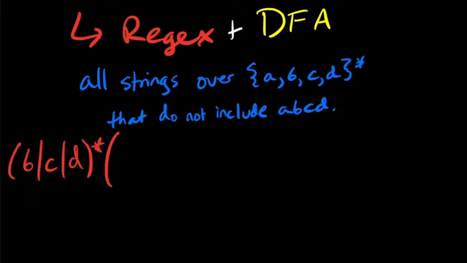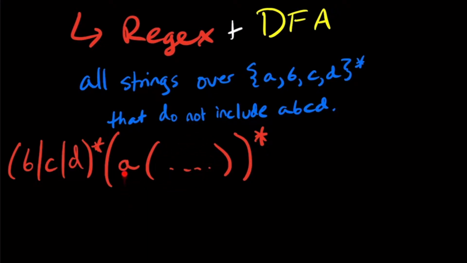Then let's say that we have an A. What can appear right after it? In this part right here, I'm going to think about what can occur right after this A before the next occurrence of A. The next occurrence of A, I'm going to handle by putting a star on the outside of this whole thing, so that in this part right here, there are no occurrences of A's.